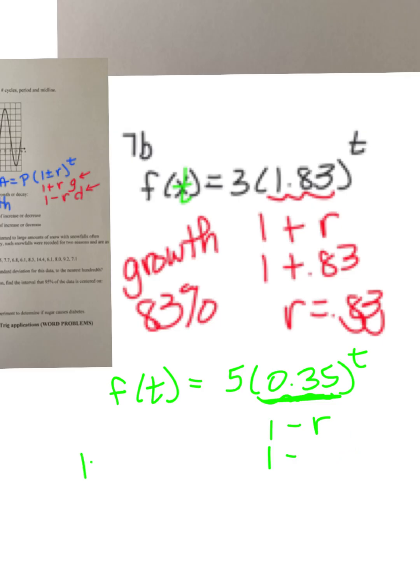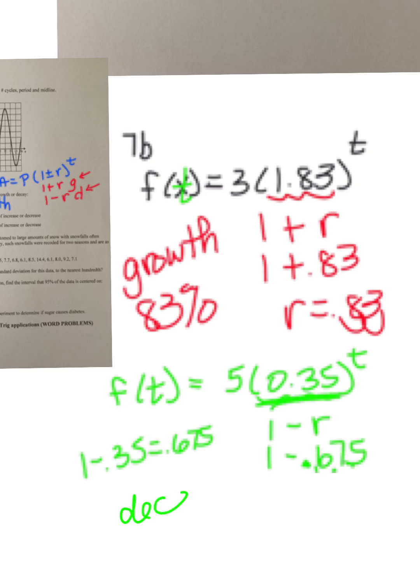So on the side, you do 1 minus 0.35 in your calculator, which is 0.675. So that's what goes here. So 1 minus 0.675 gives me 0.35. So this is decay, and it's a 67.5% decay. Move the decimal 2 places back to the right.